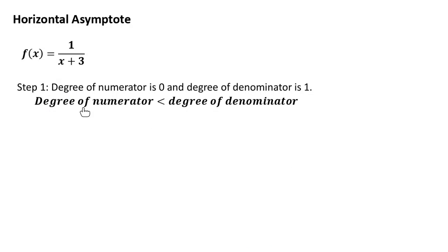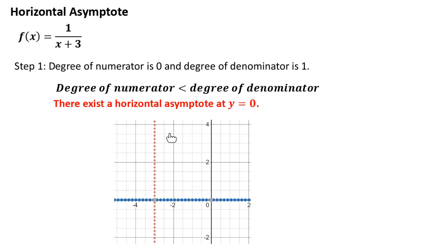Okay, so let's look at the example we have here. The degree of the numerator, I have a 1, okay? So the degree of a constant here is 0. And the degree of the denominator, since I have an x, my degree is a 1, okay? So I can say that the degree of the numerator is less than the degree of the denominator. So what does that mean?